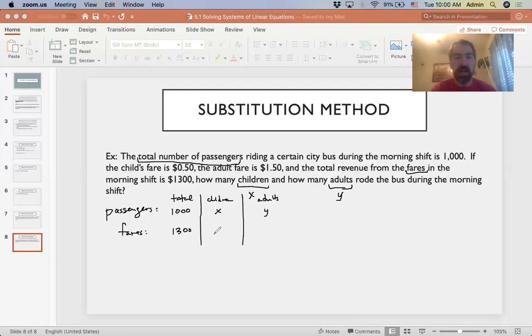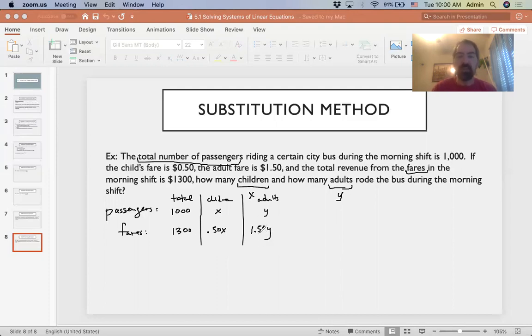And now how much did we collect in fares from the children? Well, we don't know how many children, but we do know that we collected 50 cents per child. So if we have X number of children, then that would be 50 cents times X. And then $1.50 times the number of adults.